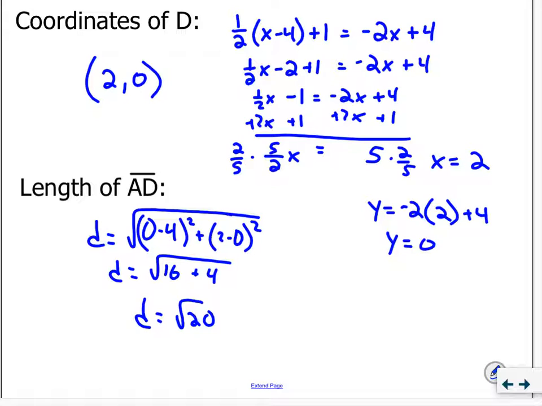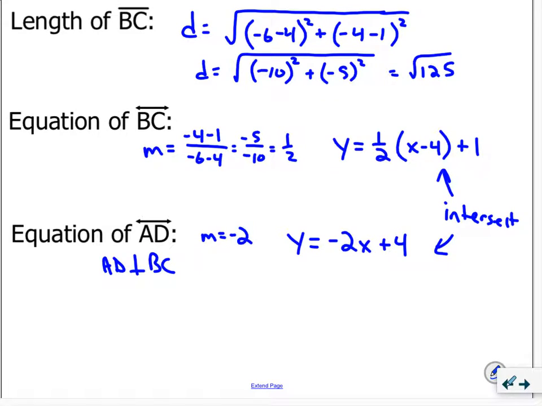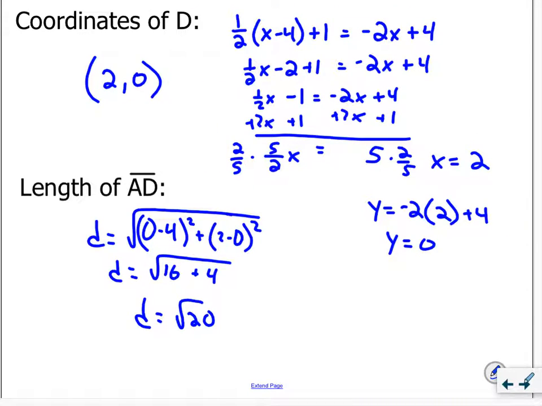Okay, so I knew the length of my base from before was radical 125. I know the length of my height, my altitude, is radical 20. So then to find the area, we've got to do 1/2 of the base times the height.